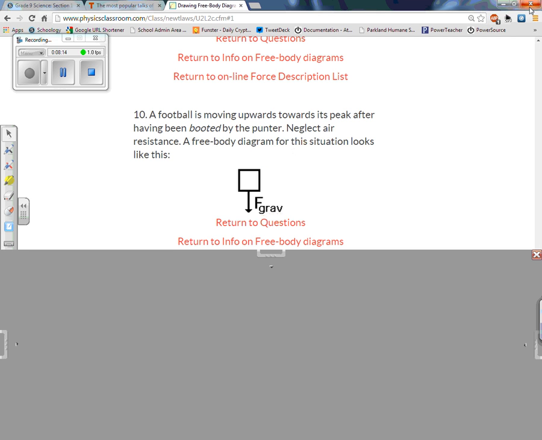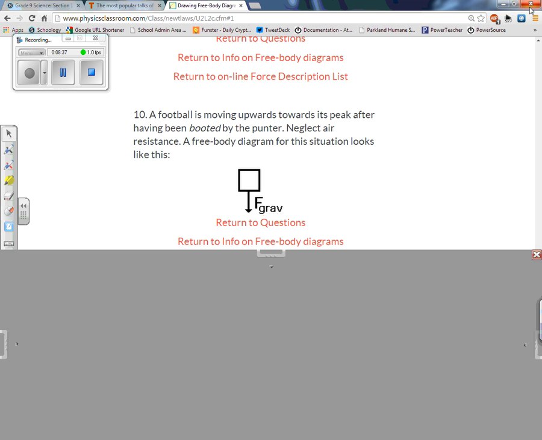Because once it's left the guy's foot, there's no more force applied. Are these arrows representing motion? No, only forces. The arrows represent forces, not motion. And that's the perfect example to check that. They do not show motion, they only show force.